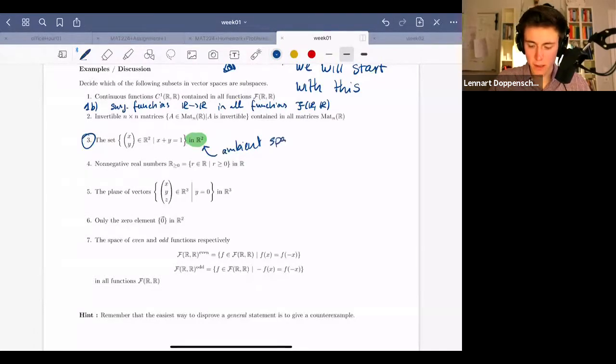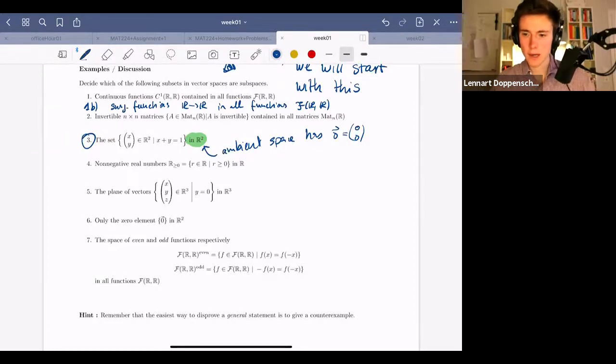So the ambient space forces the operations and also the zero. Unless we do something obscure and define the addition differently, so that the zero vector is (-1, -1), if we don't specify anything absurd, then we think of them as the normal R2. So maybe that wasn't clear.